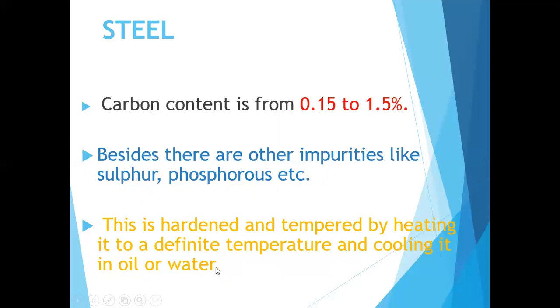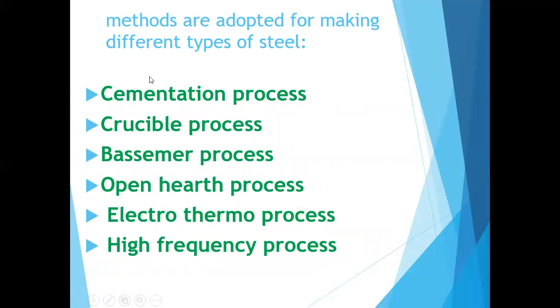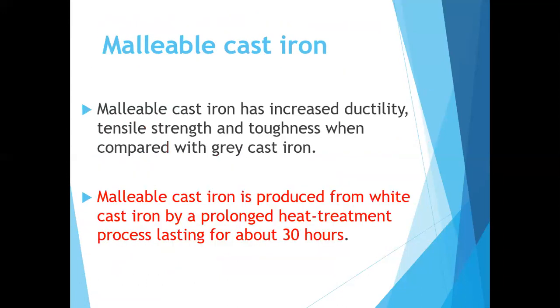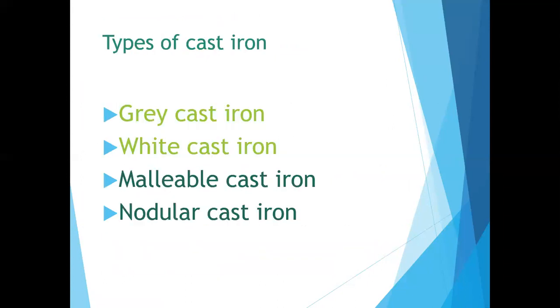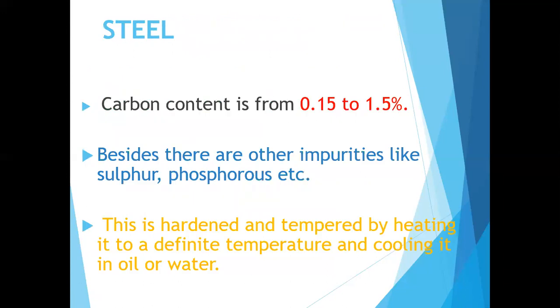Okay, next we have to study the six important methods for making steel. The process name is important. You know that from the blast furnace you get pig iron, from the cupola furnace you get cast iron.